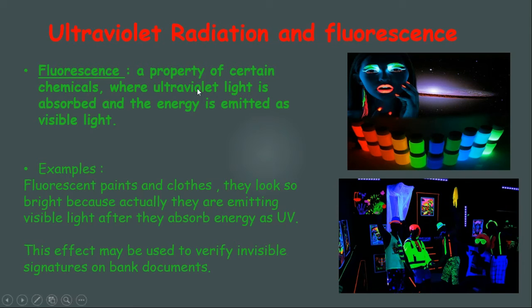Fluorescence is a property of certain chemicals where ultraviolet light is absorbed and the energy is emitted as visible light. When you see something fluoresce, it means these chemicals, for example the highlighters that you use to highlight, are examples of fluorescent objects.